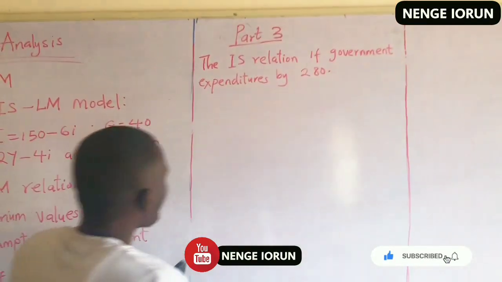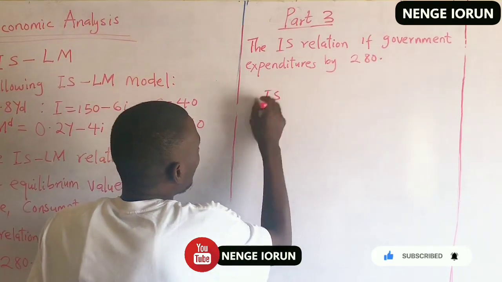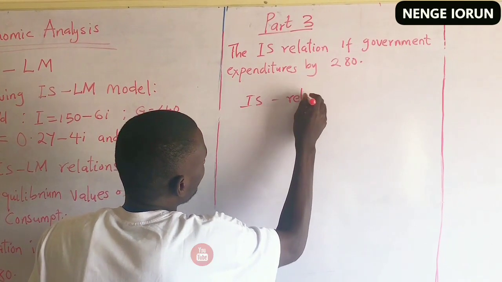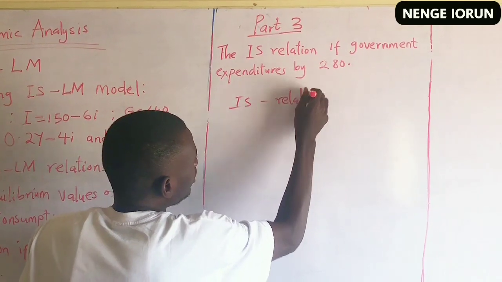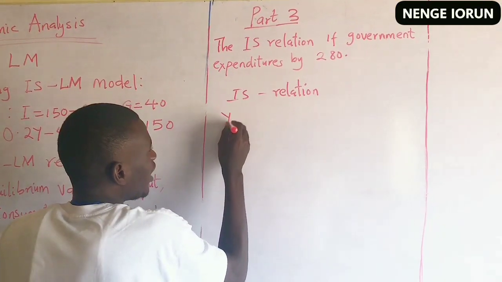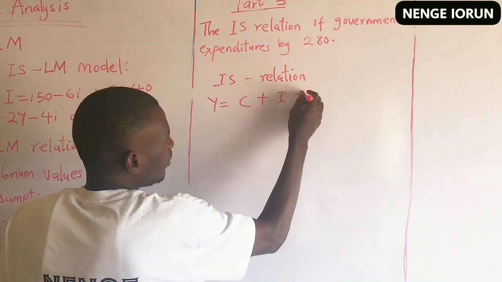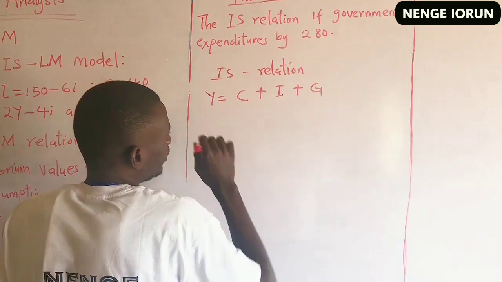Now, the IS relation, commodity market equilibrium, is given by Y equals C plus I plus government expenditure.